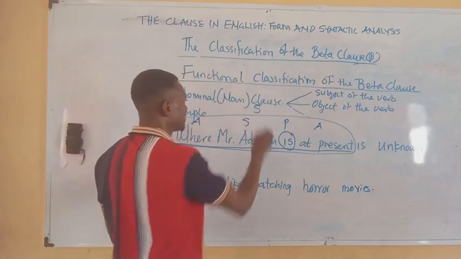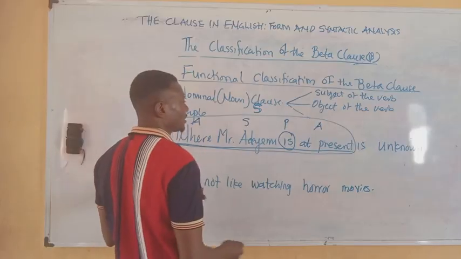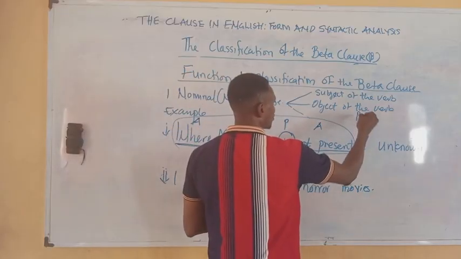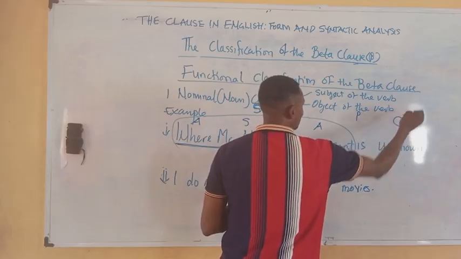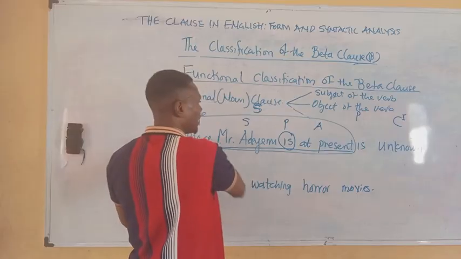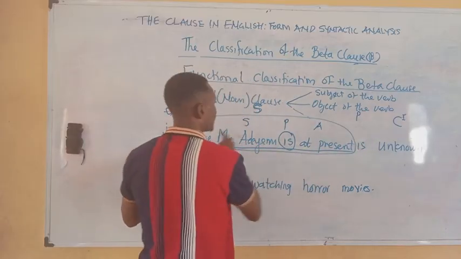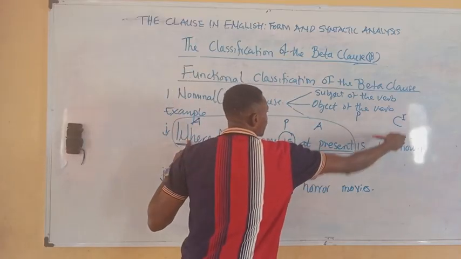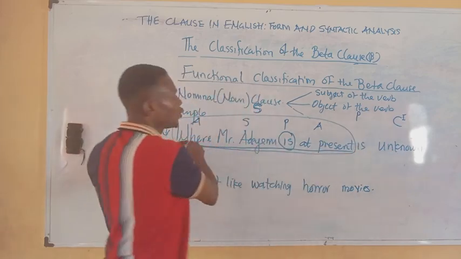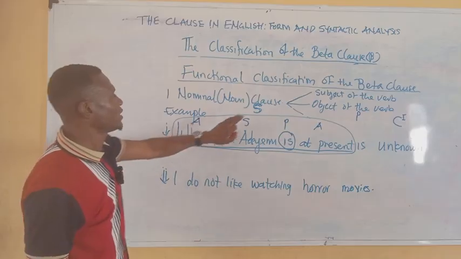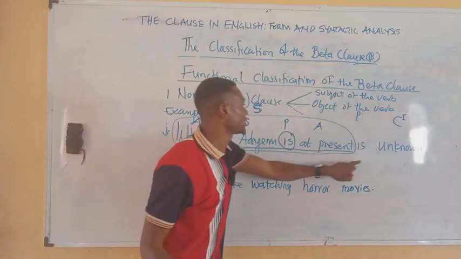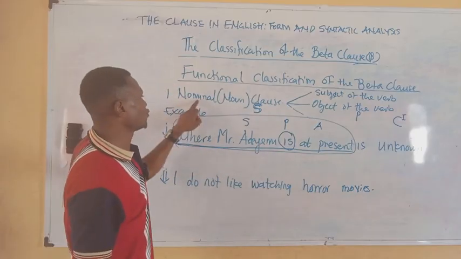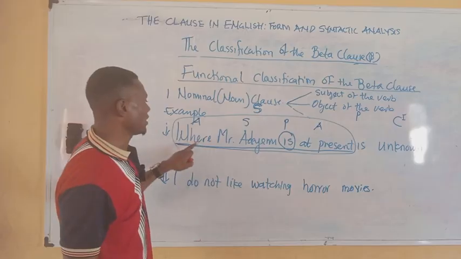We have the predicator, and we have the complement, complement intensive. It has to do with "where". So we have SPA. The predicator is "is", then the subject as a nominal group, which we have as Where Mr. Adeyemi is at present.